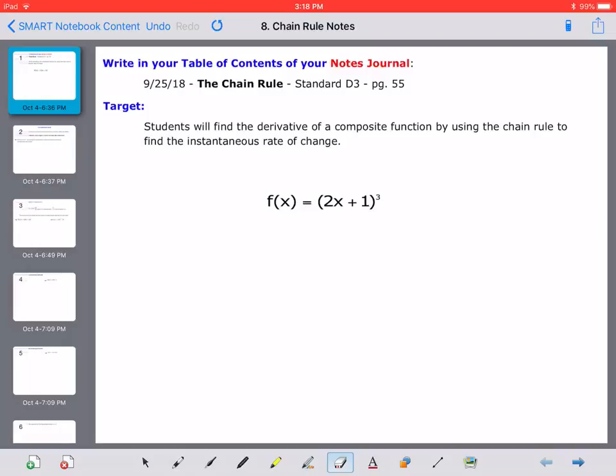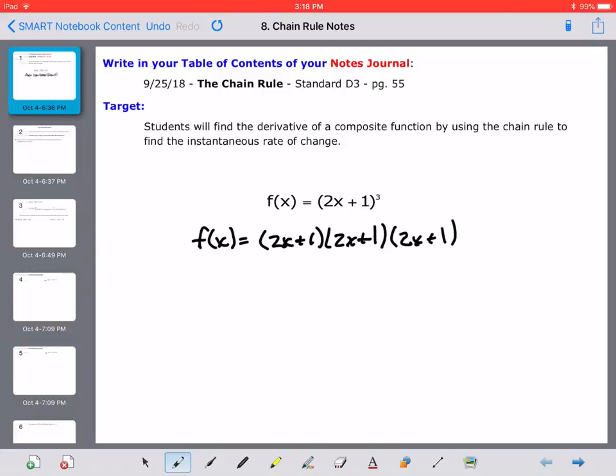So I have two options. I can either expand it. Sorry, let me get a pen. So if I expand it to 2x plus 1 times 2x plus 1 times 2x plus 1, okay, I could do that. That's one of my options.